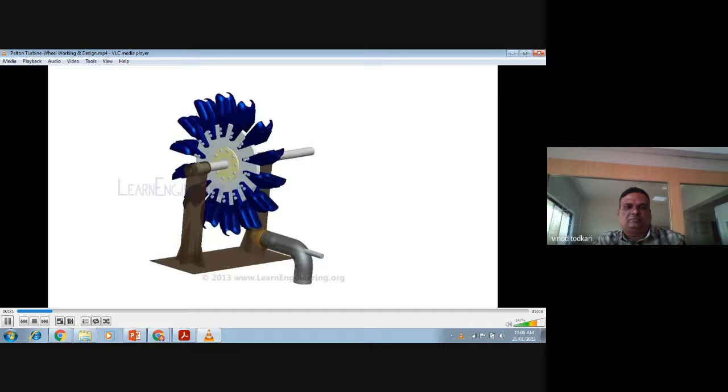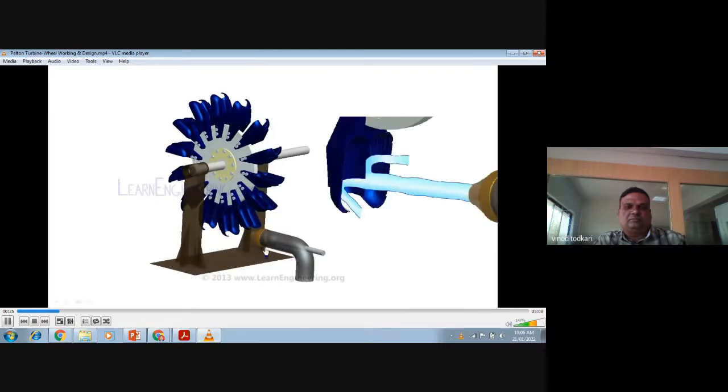When this jet hits the buckets of the Pelton wheel, it induces an impulsive force. This force makes the turbine rotate. In short, when the water jet strikes the bucket, there is impulse force. That's why this is called an impulse type of turbine.